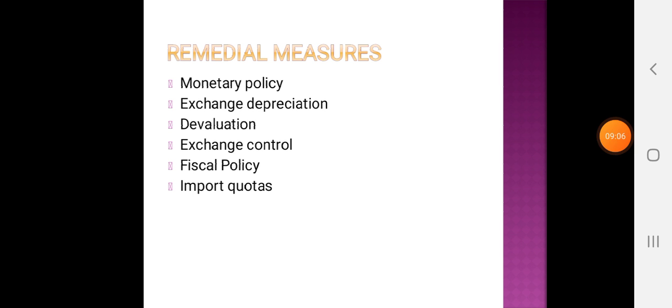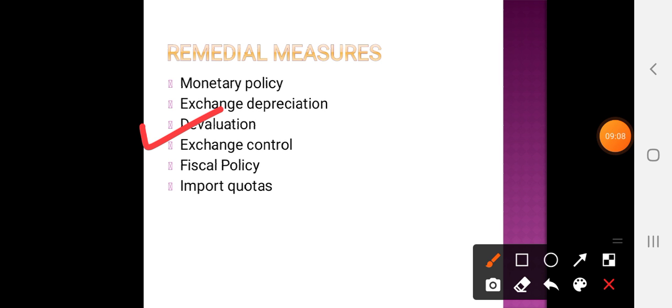Next we have devaluation. It is an alternative to exchange depreciation. It is suitable under the IMF system, that is the International Monetary Fund. Devaluation means an official decrease in the external value of a currency in terms of foreign currency. Nowadays we always say that the value of the rupee is decreasing day by day as compared to the dollar.